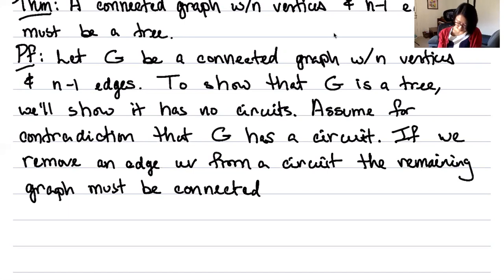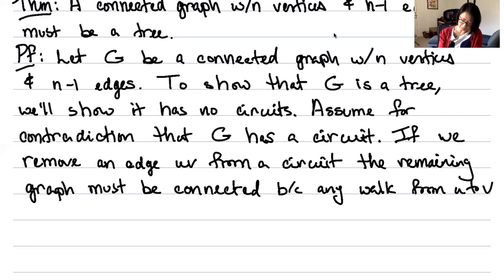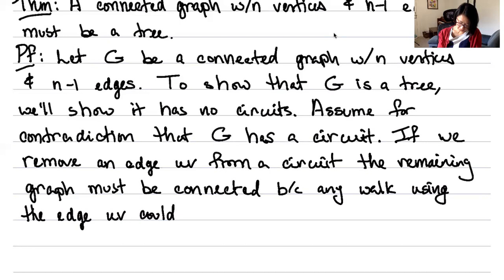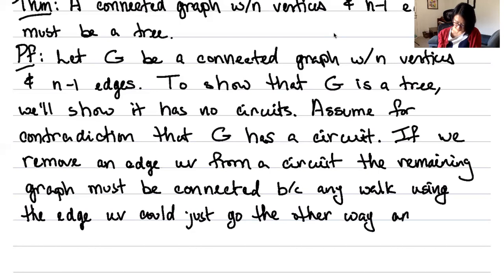Okay, it must be connected because any walk using the edge UV, so any walk between two vertices that's using the edge UV, could just go the other way around this circuit.